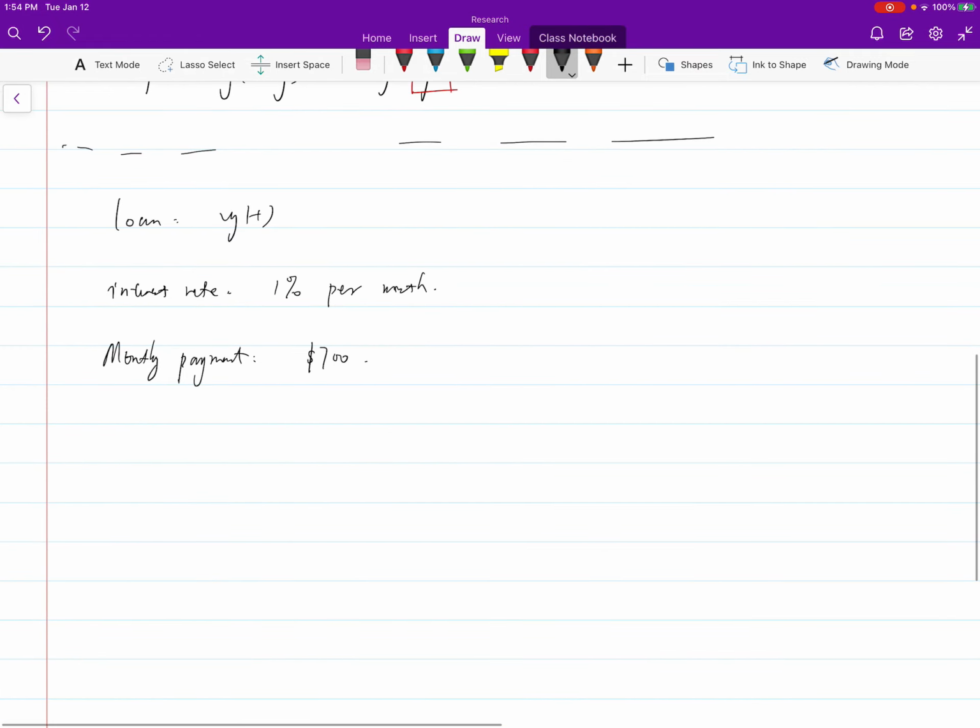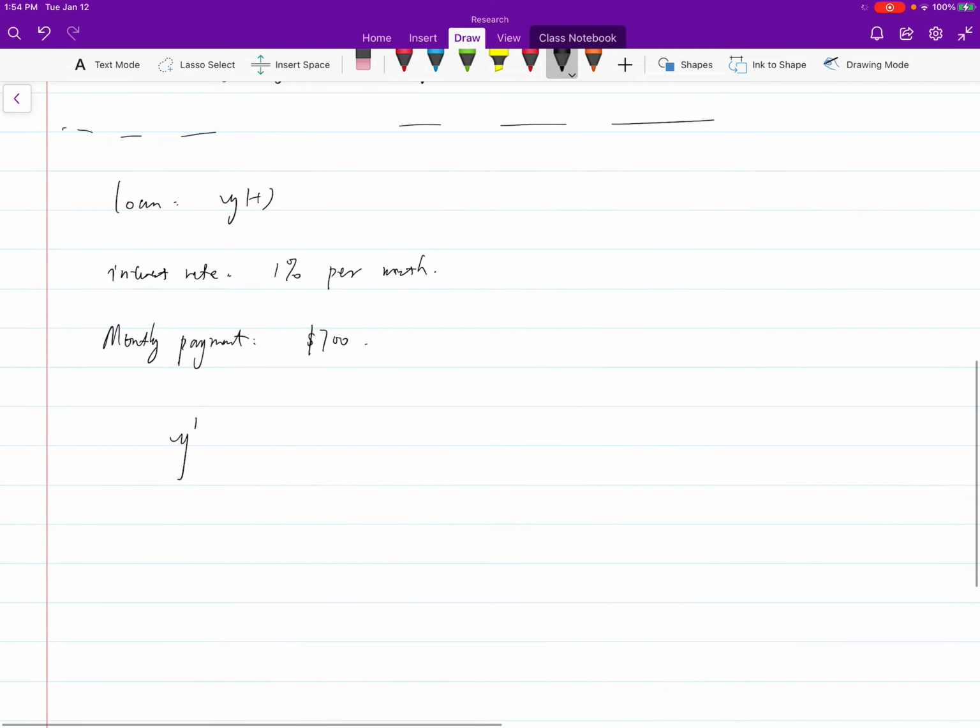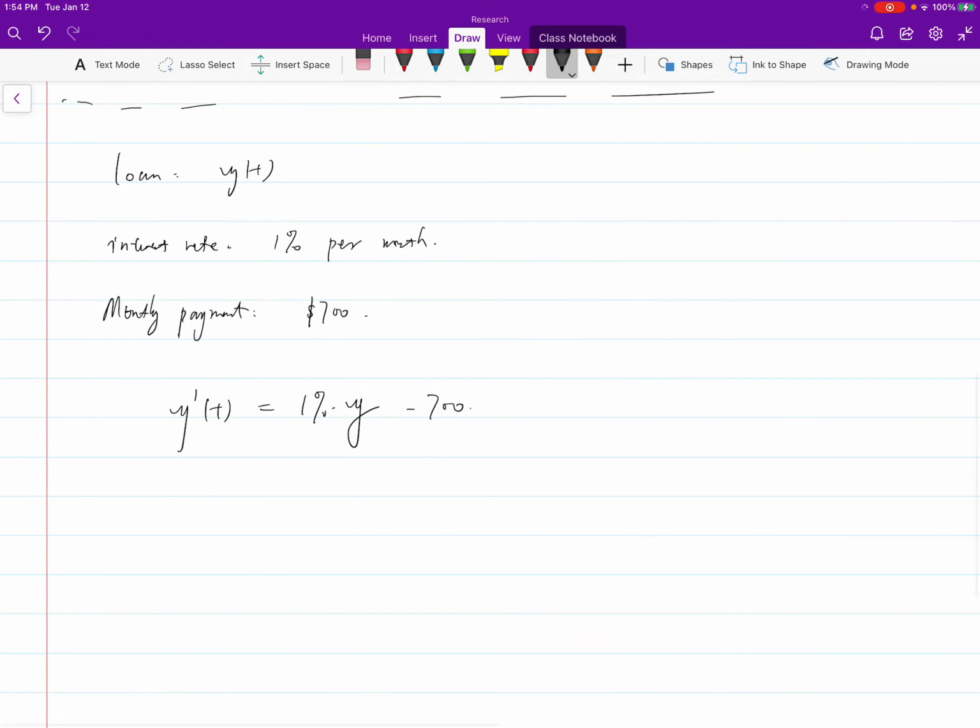Okay, now we want to actually model a differential equation which your loan satisfies. It's pretty easy to do if you're thinking about the monthly changing rate. The changing rate of your loan should go up because you're paying interest. So it should be 1% times your current value. The bigger the value, the bigger the interest you pay, minus what you just paid for the monthly payment. So this is easily a differential equation to approximate your loan value after each month.